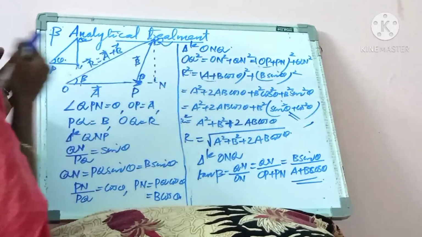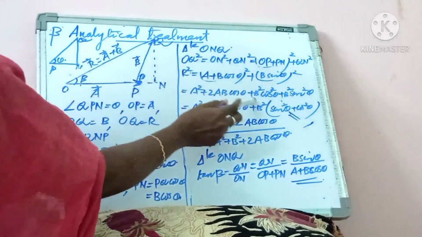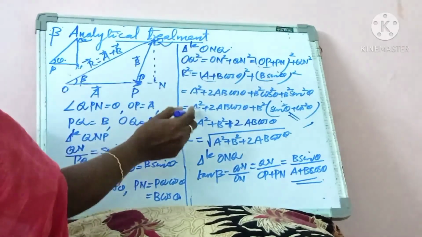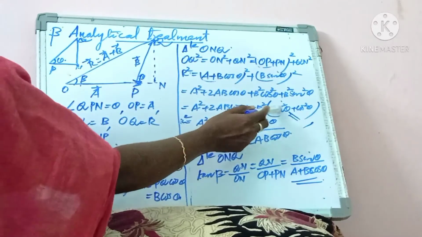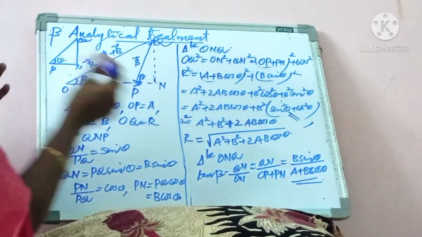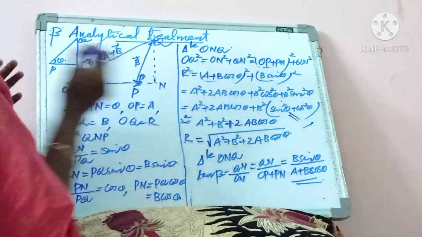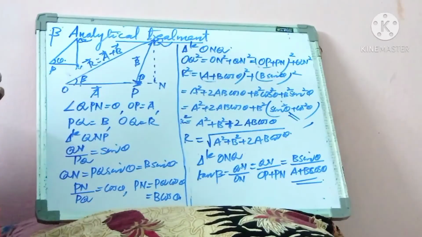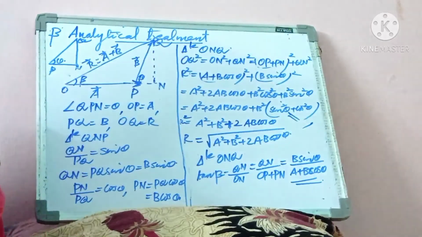Then A plus B cos theta the whole square we can expand: A square plus 2AB cos theta plus B square cos square theta plus B square sin square theta. Then B square is common, so sin square theta plus cos square theta is 1. So A square plus B square plus 2AB cos theta is the value of R square. From this, R can be written as square root of A square plus B square plus 2AB cos theta. That is the magnitude of the resultant vector.